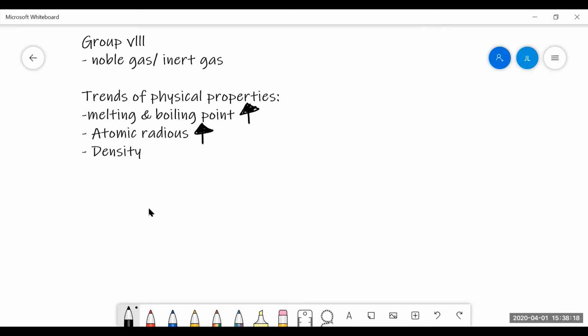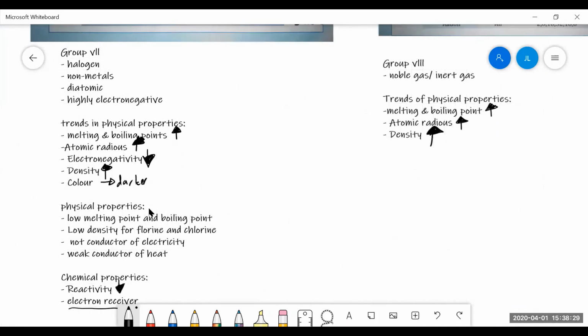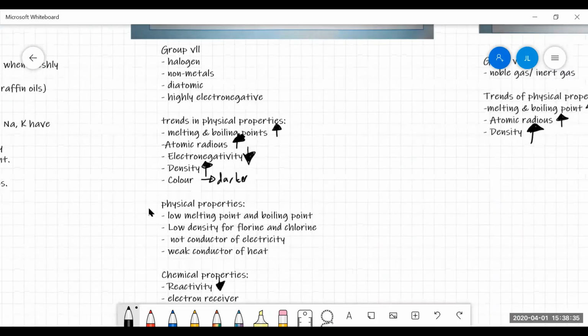Decreases. Increases. Everything in group 8 increases. Actually, everything in group 7 also increases except electronegativity.